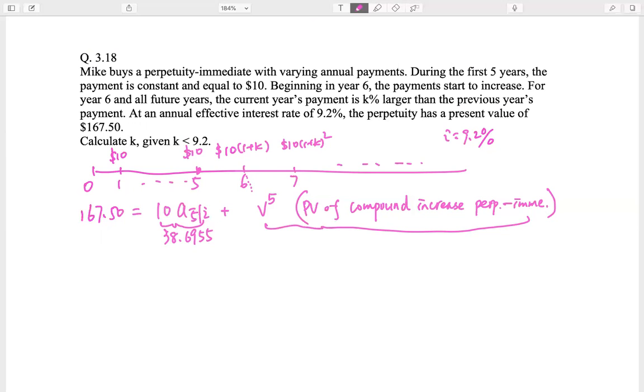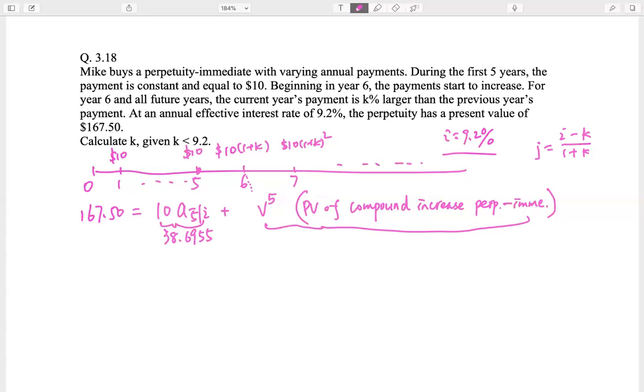In our notes or in the textbook it is e, right? The compound rate is e, and then we have i here. You need to convert it into (i minus k) over (1 plus e). That is what we call the net interest rate.